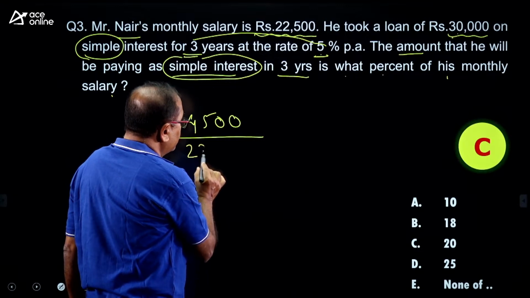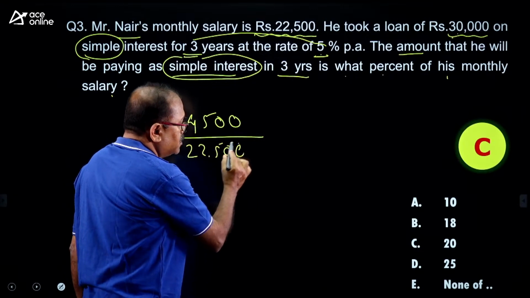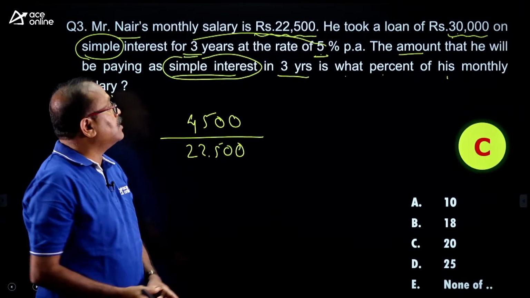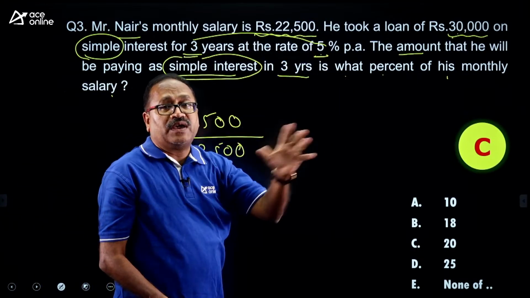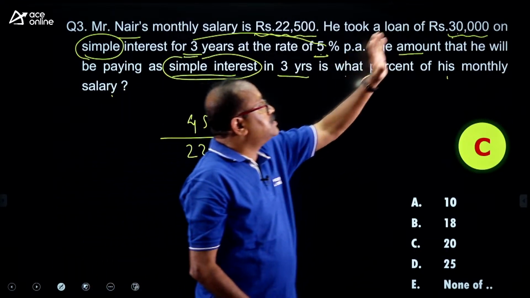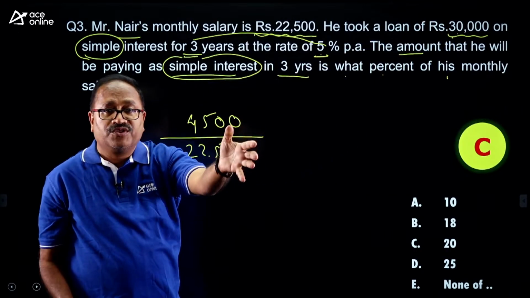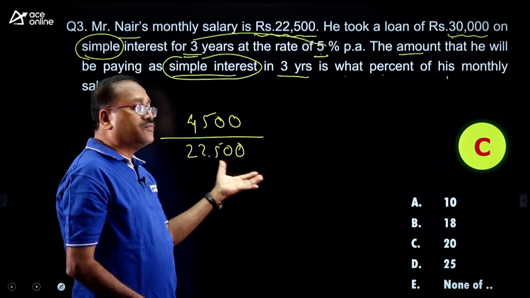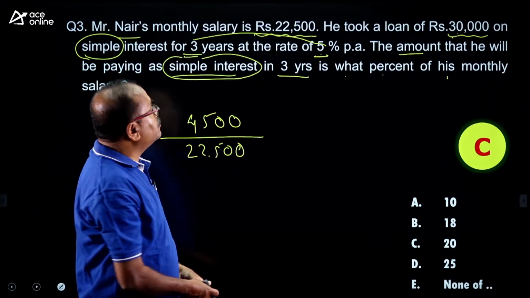It's as simple as this. Look at that. How much writing? Couple of things I mentally calculated. What is that? 3 into 5, 15%. 15% on 30,000, 4,500. That's what I mentally calculated. Now 4,500 is what percentage of 22,500?